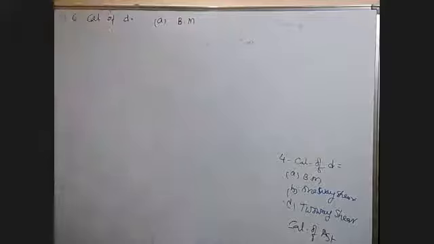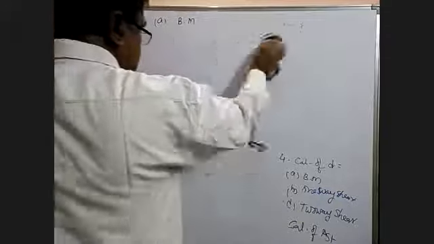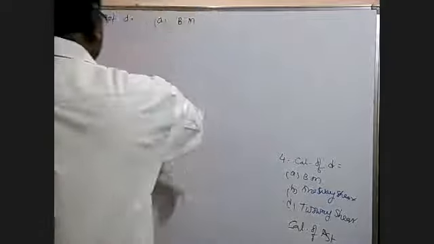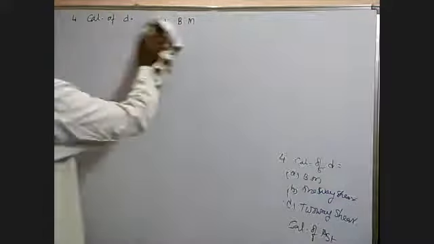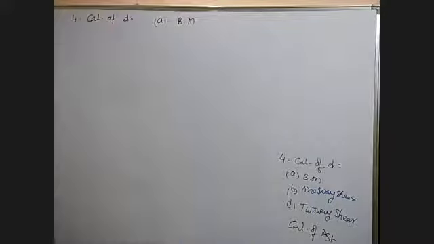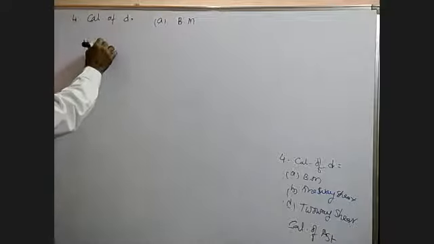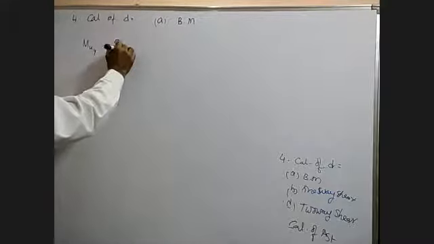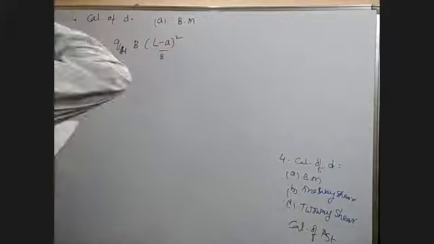Now we'll see the bending moment. The bending moment criteria, you have the formula: MUy is equal to QU into B into (L minus A) whole square by 8.